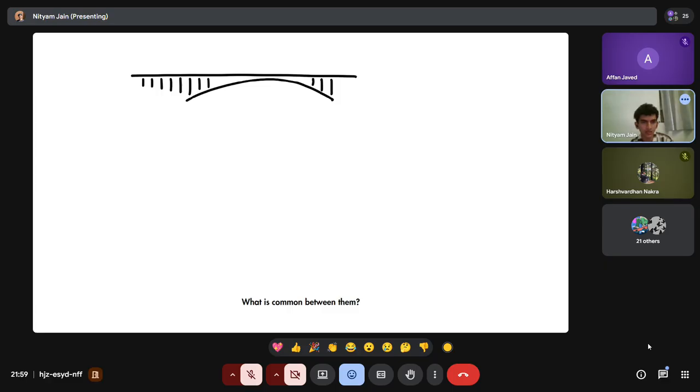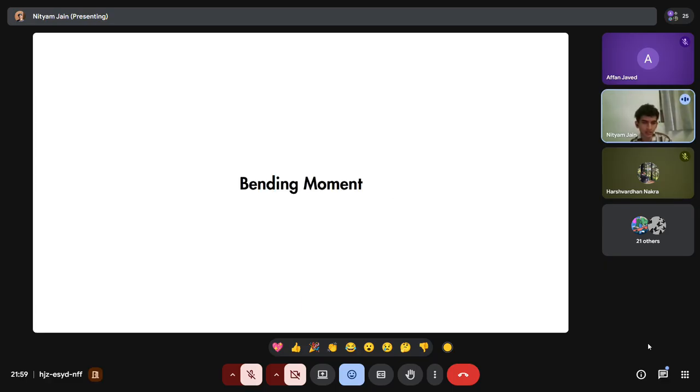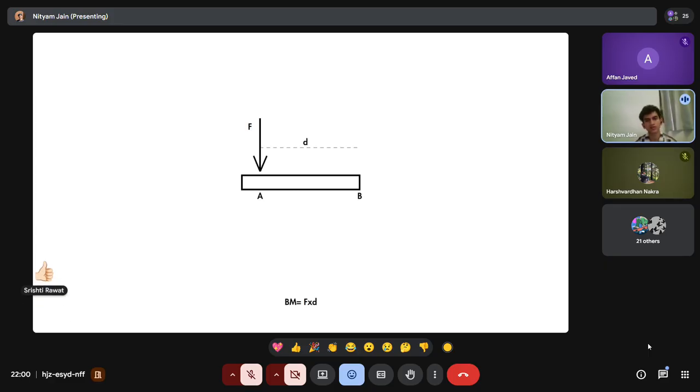So if we see the forms, they're sort of similar because they are derived from the bending moment. Basically, if anyone doesn't know, the bending moment is the force multiplied by the distance between point B, where we want to calculate the moment, and point A, where the force is acting.